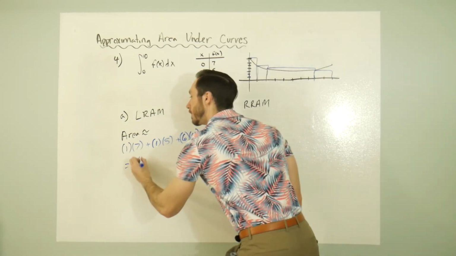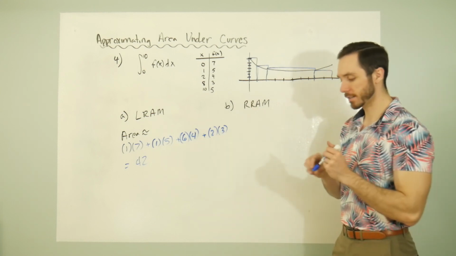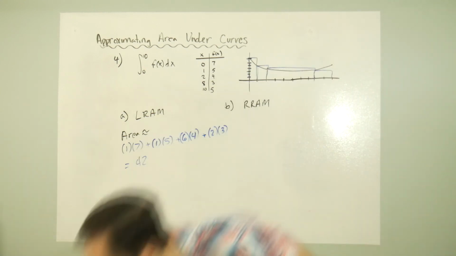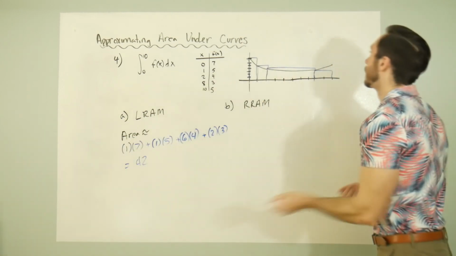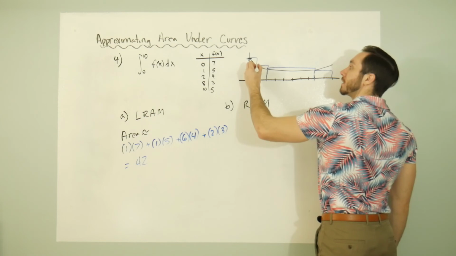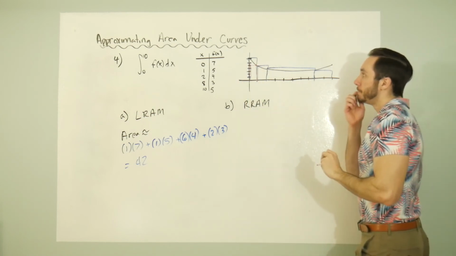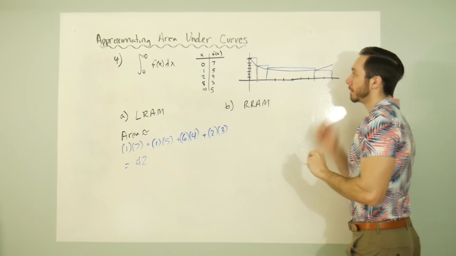Okay, so this is the area approximation taking the left endpoints, but in red, let's consider the right endpoints. See what happens there. So with the right endpoints, I want to end on this value actually. So this first rectangle is going to be below it. Okay, we're going to continue the pattern here.